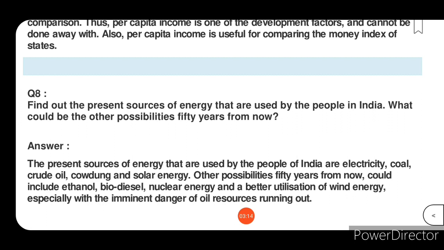Other possibilities 50 years from now could include ethanol, biodiesel, nuclear energy and a better utilization of wind energy, especially with the imminent danger of oil resources running out.